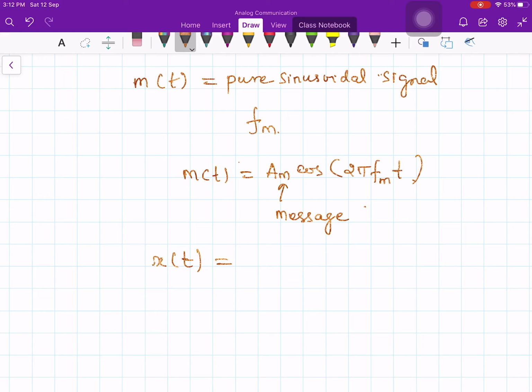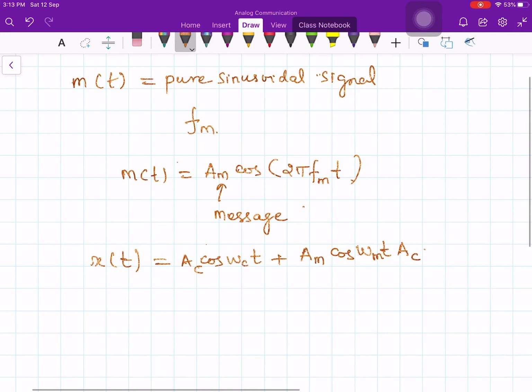Now what is your modulated signal? x of t is equal to A, let's say, in order to differentiate the carrier amplitude and message signal amplitude, let me put a suffix c: A_c cos omega_c t plus A_m cos omega_m t multiplied by A_c cos of omega_c t.